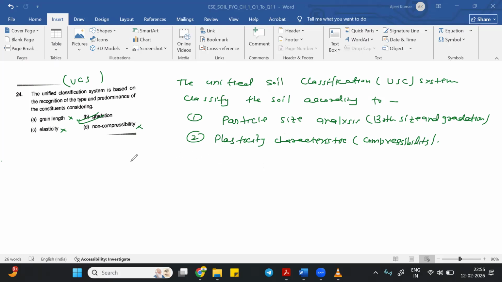Okay, size is about coarse grained or fine grained.